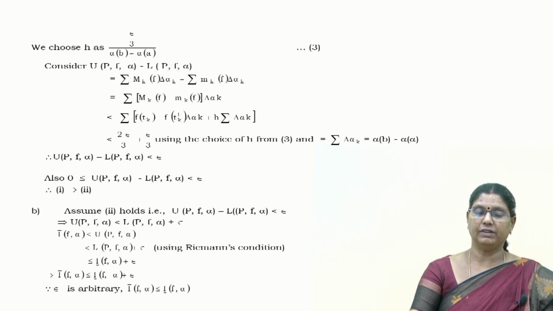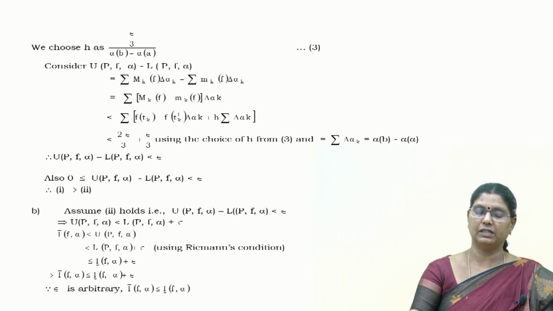By the definition we can write I upper bar of f comma alpha is less than or equal to U p f alpha, which is strictly less than L p f alpha plus epsilon by using Riemann's condition, and thus we have obtained that the LHS is less than or equal to I lower bar of f comma alpha plus epsilon, that is, I upper bar of f comma alpha is less than or equal to I lower bar of f comma alpha plus epsilon.